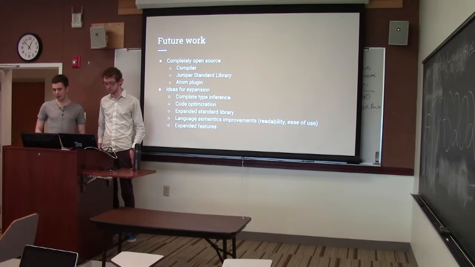Improving on language semantics: if someone proposes a redesign of how the language should look so that it's much more readable and a lot easier to write, then by all means. And also any other expanded features that people might want to implement into this project. It's kind of open-ended.